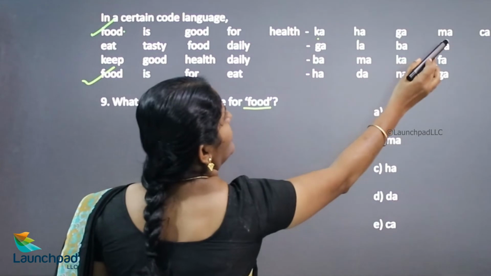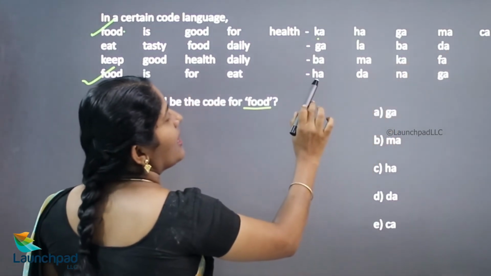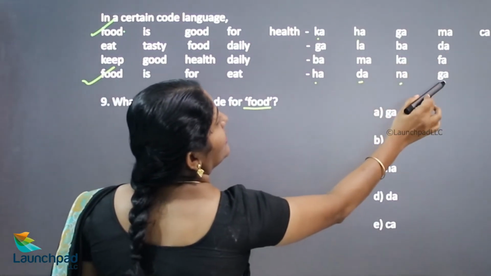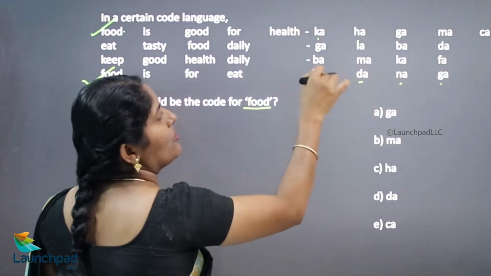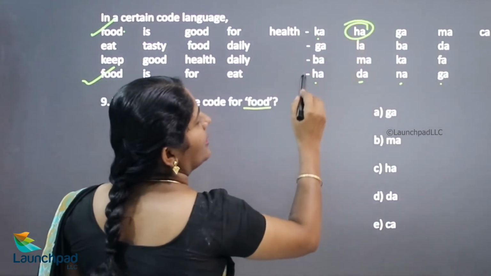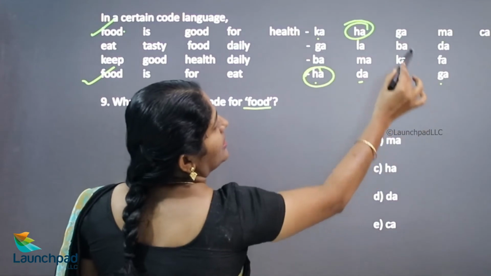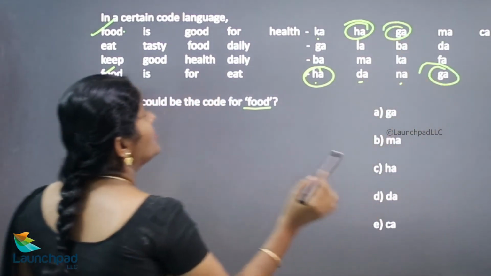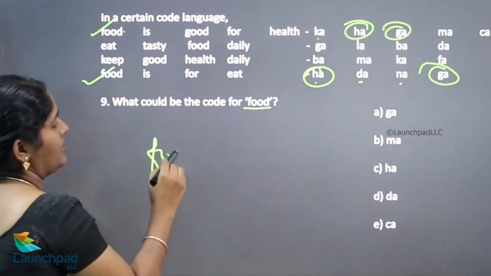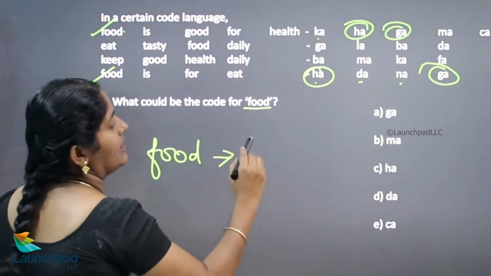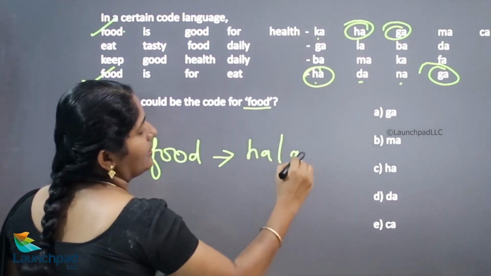Ka, ha, ga, ma, then ha, da, na, ga. What are the common codes here? Ha and ga. So food is either ha or ga.